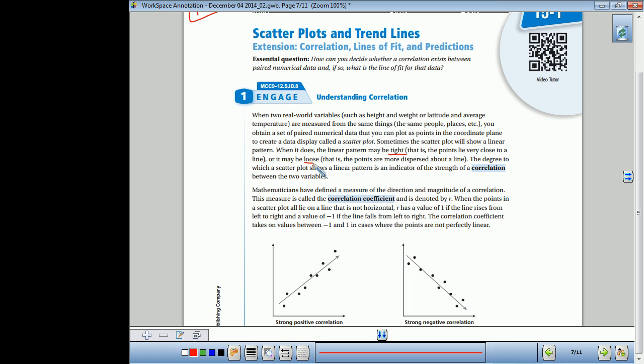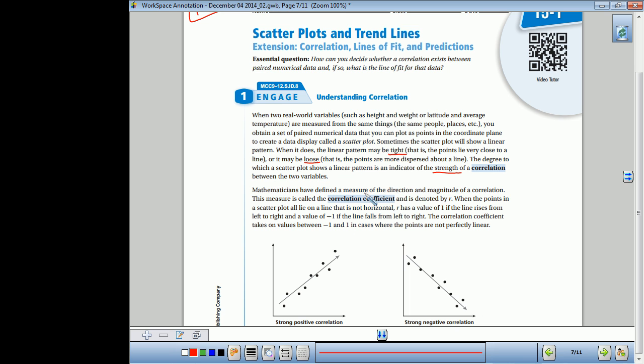Or it may be loose, where they're further away. The degree to which the scatter plot shows a linear pattern indicates the strength, and we just talked about that. Strong linear correlation, or weak. So it denotes the strength of that correlation. So correlation just means the relationship exists.